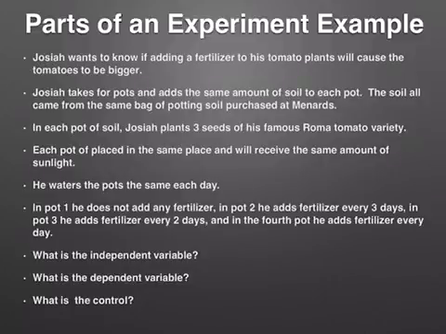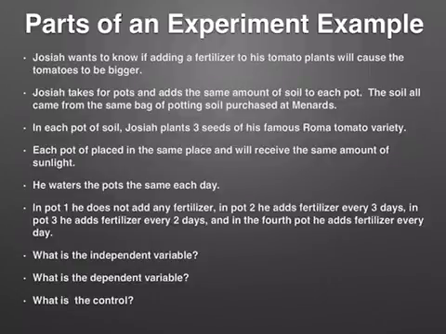Each pot is put in the same place and will receive the same amount of sunlight. He waters the pots the same each day. In the first pot, he does not add any fertilizer. In pot number 2, he adds fertilizer every 3 days. In pot 3, he adds fertilizer every 2 days. And in the fourth pot, he adds fertilizer every day.